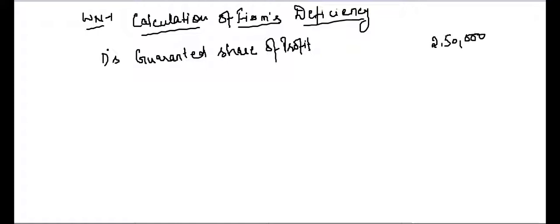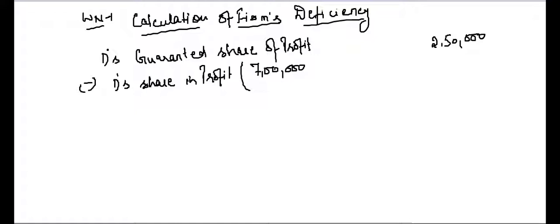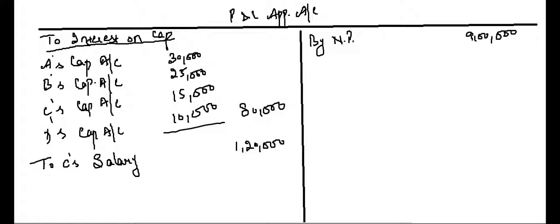Okay. This share of profit is excluding interest on capital. That means we will not add back interest on capital in this. And we will subtract D's actual share in profit. What are the profits left with us? 9 lakh minus 80,000 minus 1,20,000.